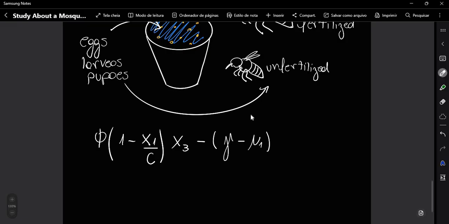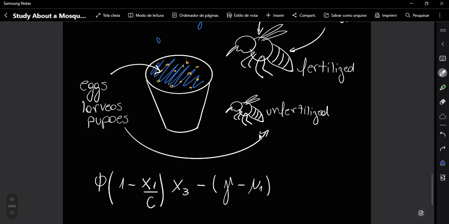And these variables are kind of telling us the same thing, because this mu1 is the mortality rate of the individuals in this first stage. So right here, mu1, and right here gamma.